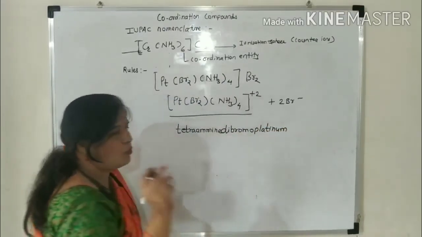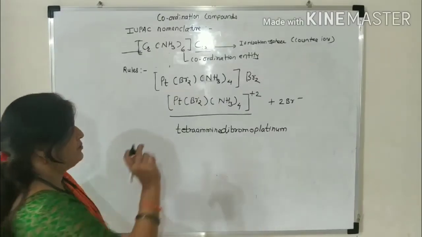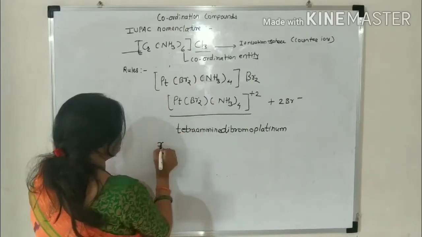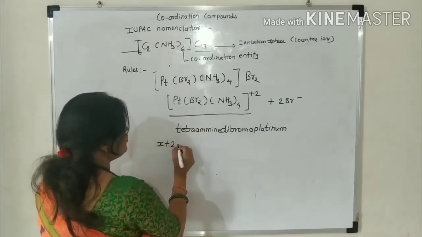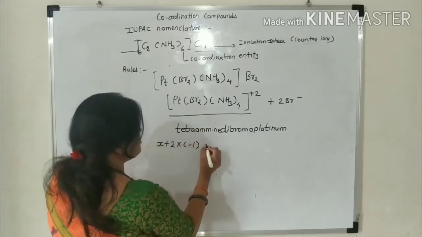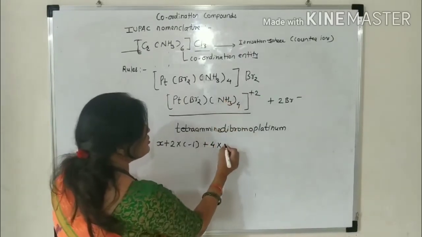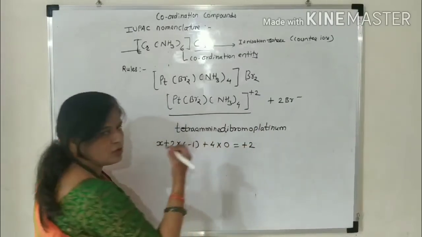Okay. Now you have to calculate the oxidation state of the central metal atom, which is platinum. It will be X. Then bromide how many here? 2 into that carries -1 charge, plus ammonia are 4 that carries neutral ligand 0 charge, is equal to net charge plus 2.